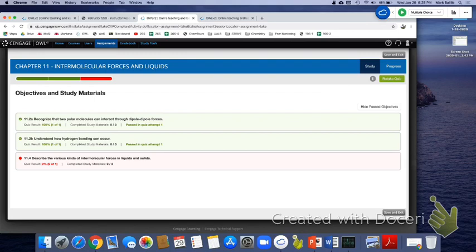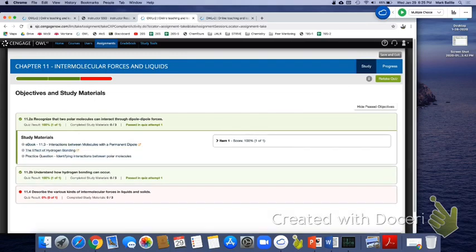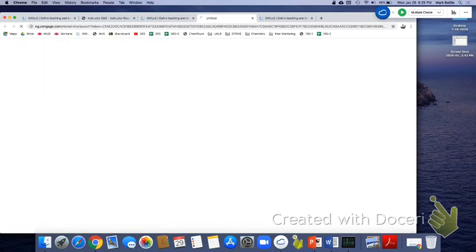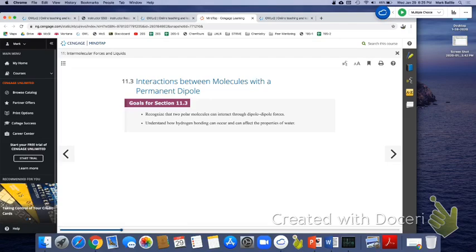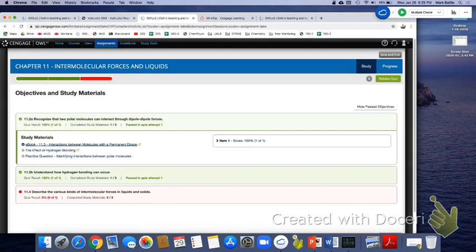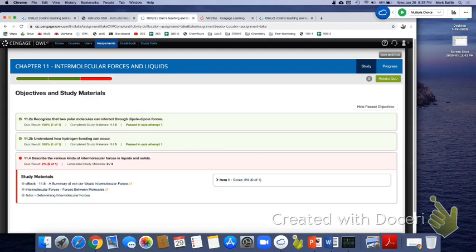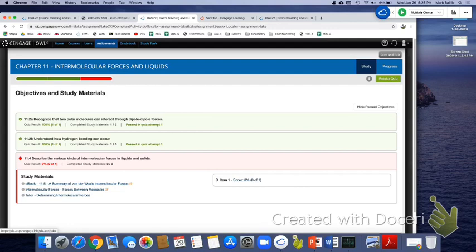I don't need to work on them, but if I do, I could click on them and go to the ebook right here. It's going to pop open a direct access to the ebook. That's one of the really nice things about having everything integrated together. Not only does it take you to the book, it takes you to the section of the book on that topic. That's more important on the ones that you get wrong. There's also tutorials and additional help buried within those. So all three of those are really good resources if you get something wrong.